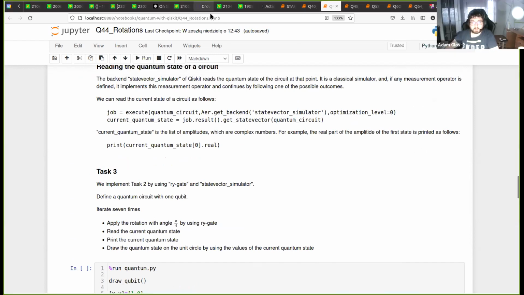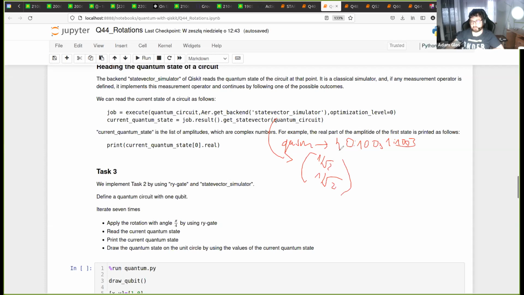So exactly, the QASM simulator will give you the statistics and the state vector will give you the state. For example, I don't know, 1 over square root of 2.